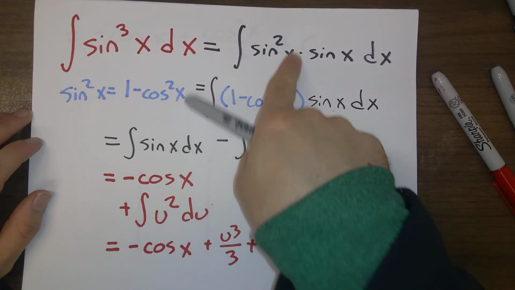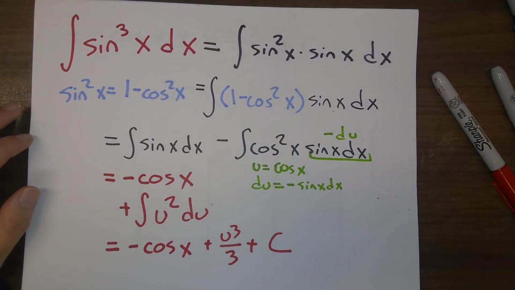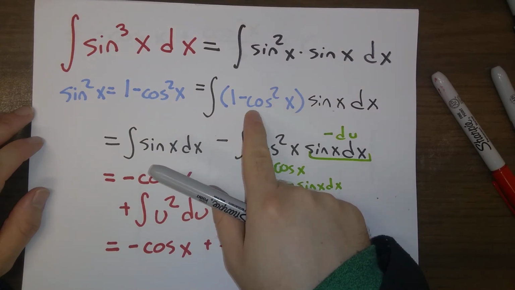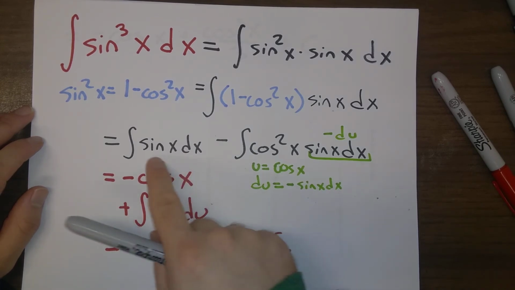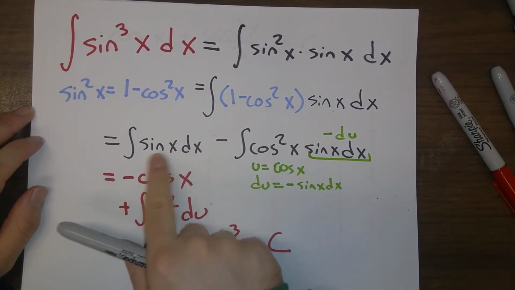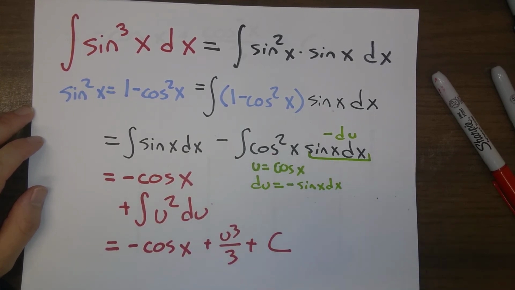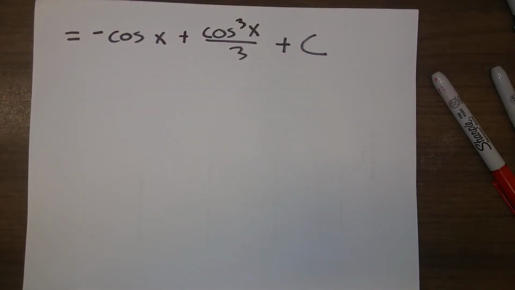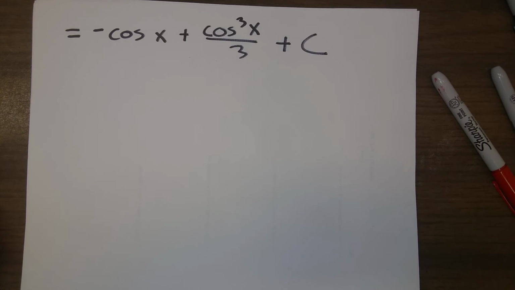We split off a multiple of sine squared x and replace it with 1 minus cosine squared x. We get two integrals here. This one we can do very straightforwardly, and this one we can do with substitution. And so that gives us this as our final answer.